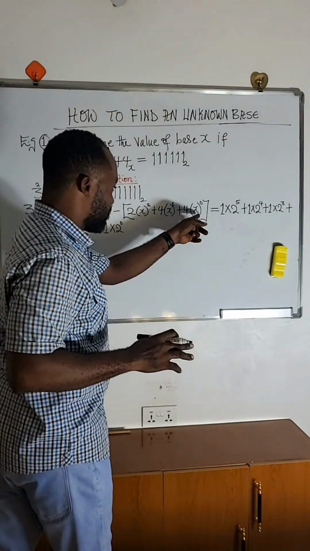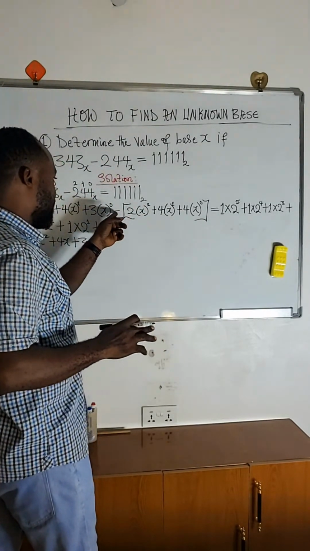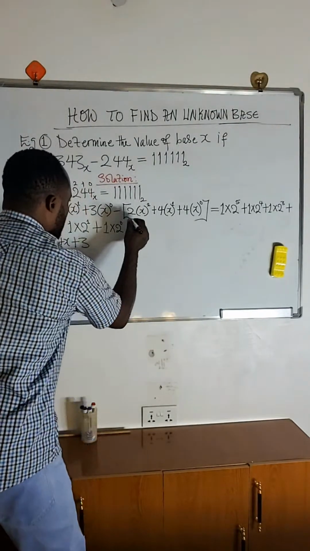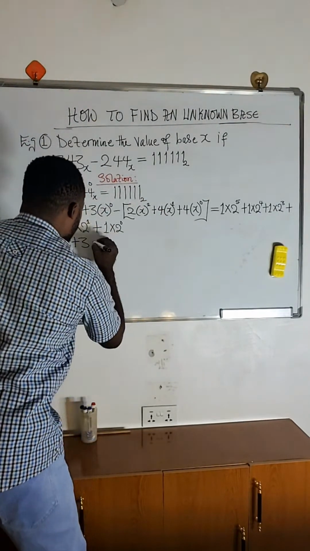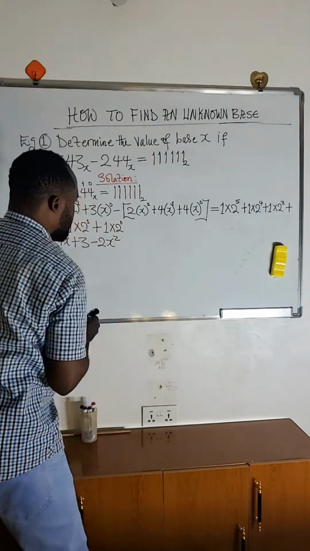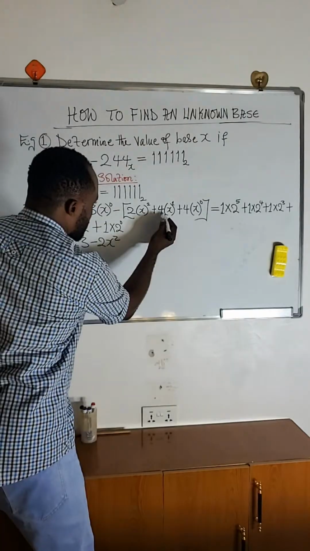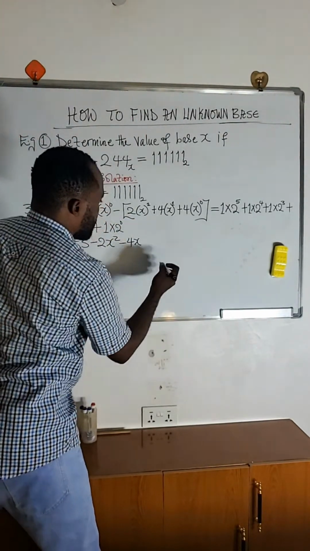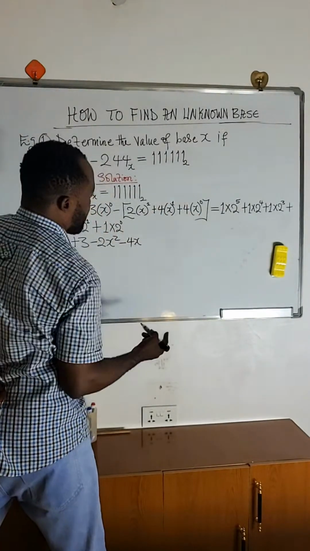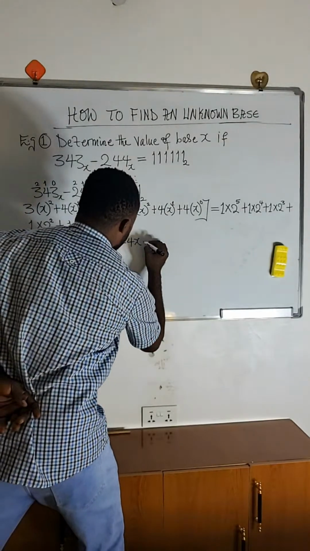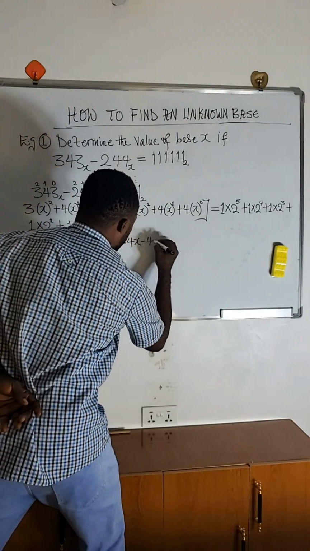So we are going to have minus 2x squared, minus 4x. This is x raised to the power of 0, which is 1. 1 times 4 is 4, so that will be minus 4.